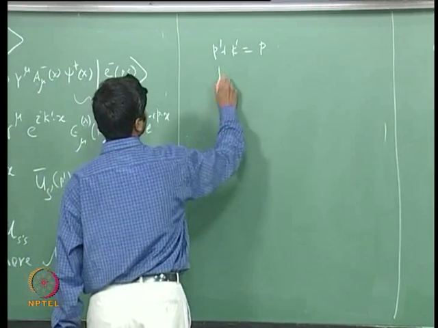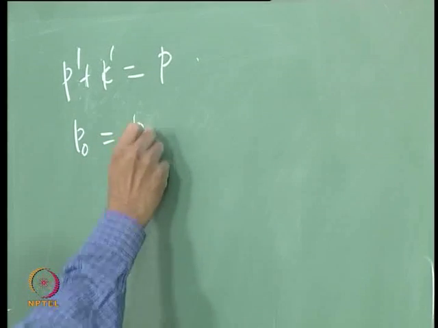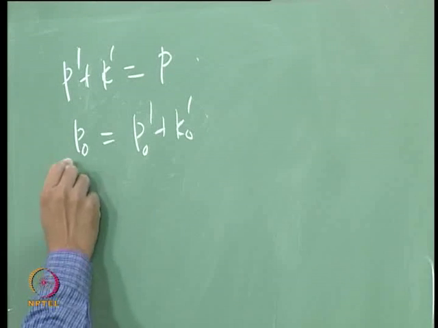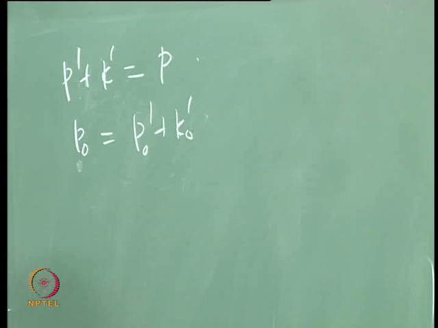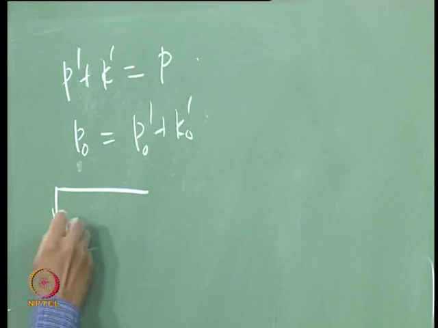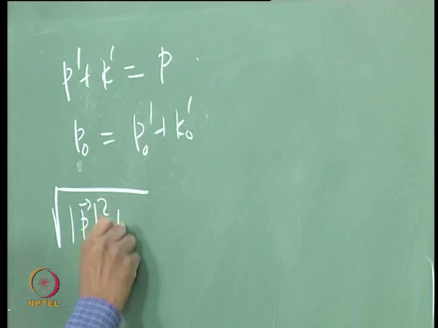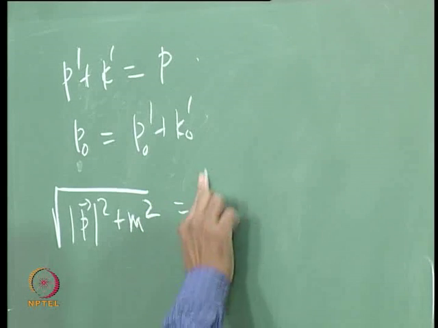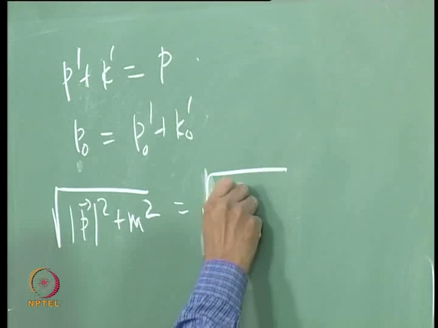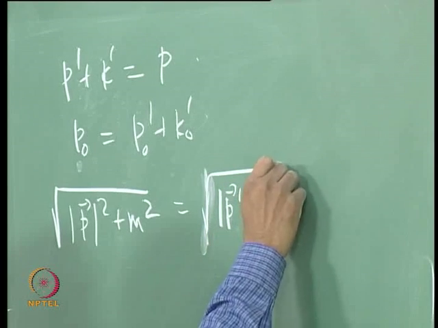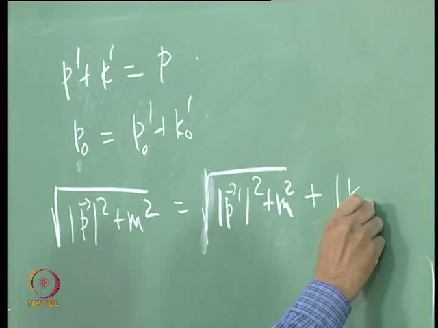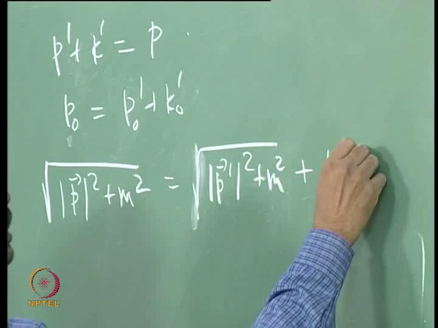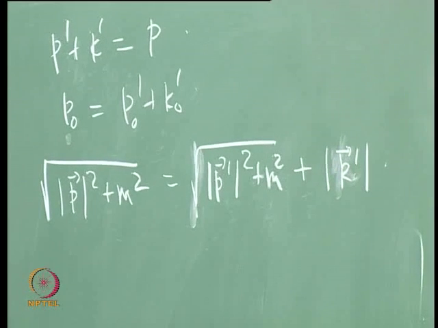Therefore, p0 will have to be equal to p0 prime plus k0 prime, or, since p0 is the energy of the electron, it is nothing but the square root of mod p squared plus m squared, it should be equal to the square root of mod p prime squared plus m squared plus mod k prime, because the photon is massless.